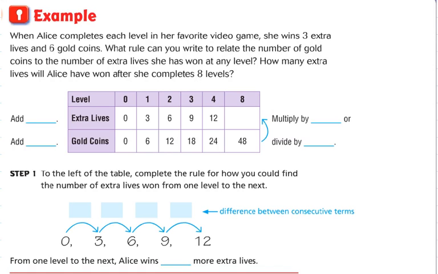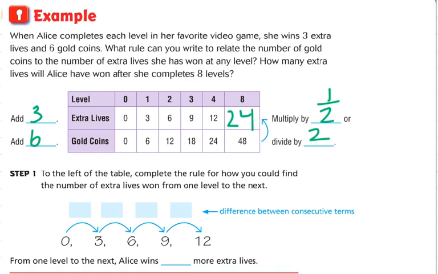So what we can do is we can say that if you see the pattern here, it's dividing by 2. So we say 48 divided by 2, we would get 24, or if we do 24 times half, we would get 48. So in each level, she gets 3 additional lives, so we would add 3. She gets 6 coins at each additional level, so we add 6.